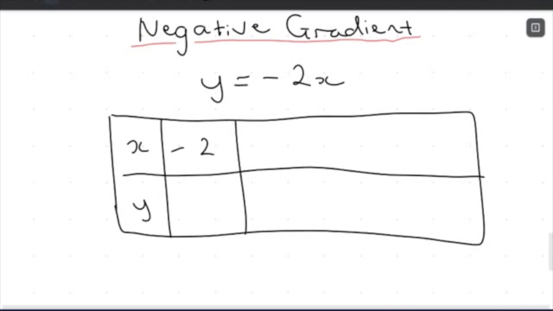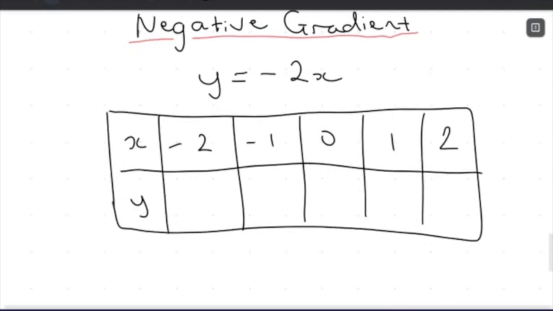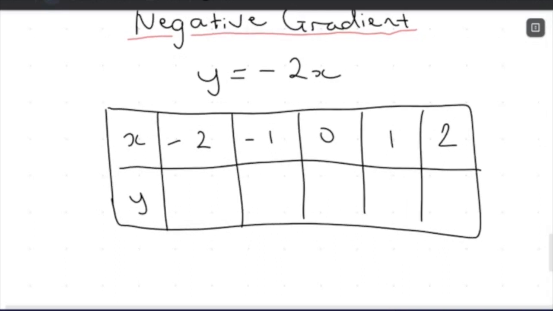And once again, I'm going to start at -2, -1, 0, 1, and 2. And I'm going to approach this in the same way as I've done before. So y is always going to be -2 lots of whatever x is. So when x is -2, y is -2 lots of -2, or -2 times -2.